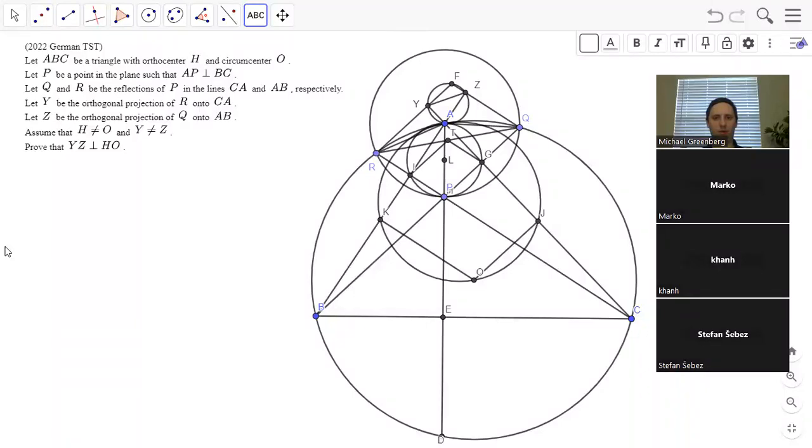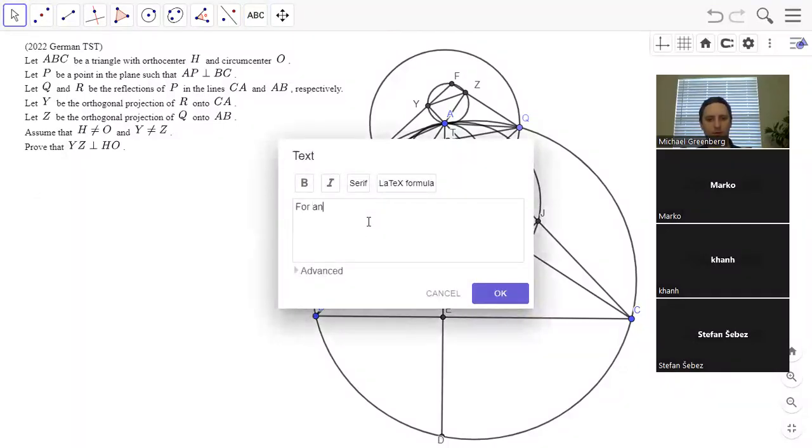So by taking a homothety at A, I'll say for any two points P prime and P double prime, P double prime on AH.